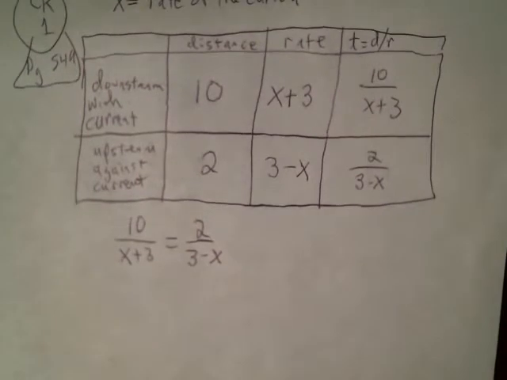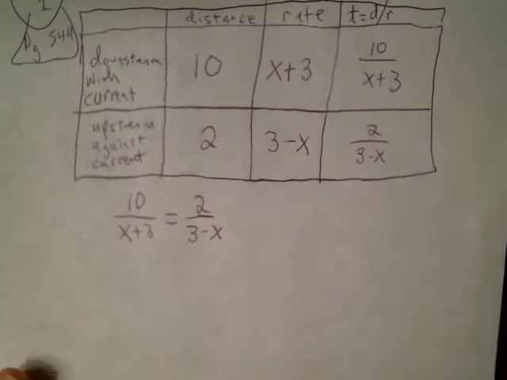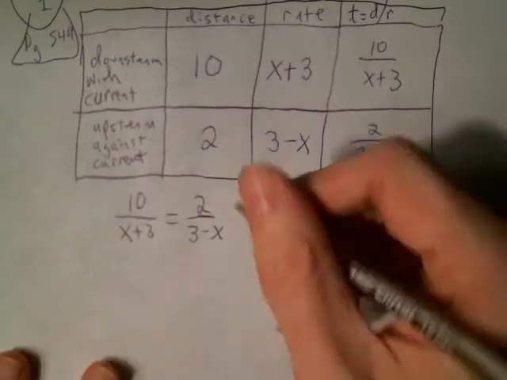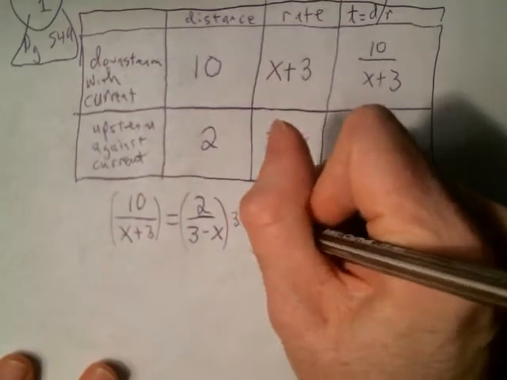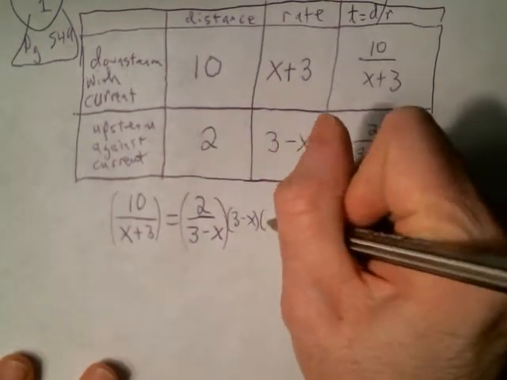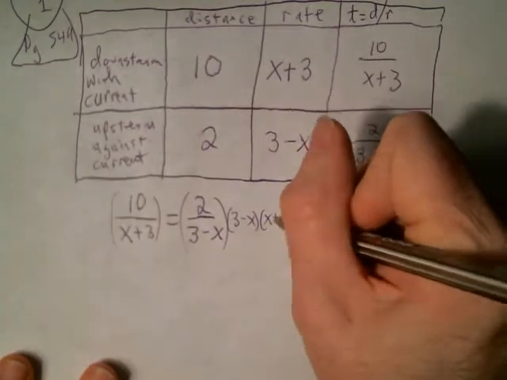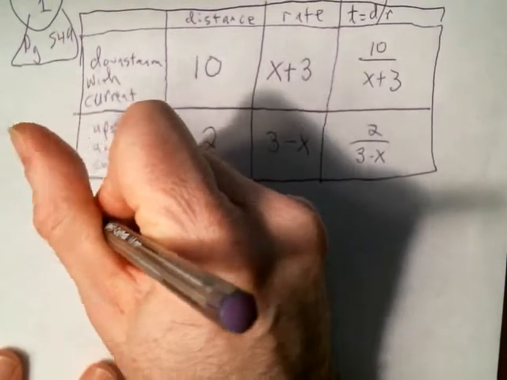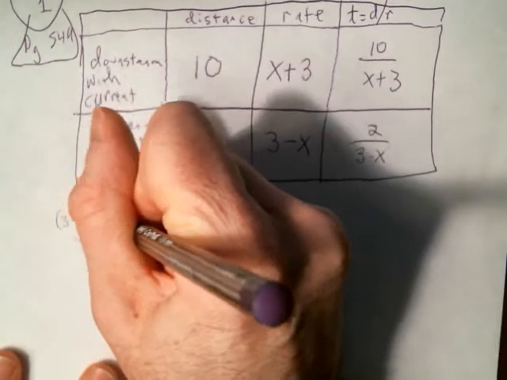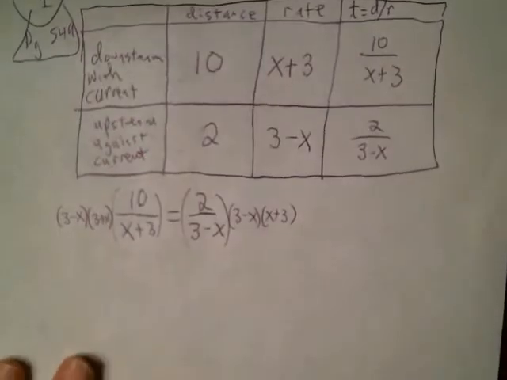Okay. I need to solve this equation now, so I'm going to multiply both sides by the LCD. So I need to multiply by 3 minus x and 3 plus x, or x plus 3. If you do it to one side, you have to do it to the other. Okay.